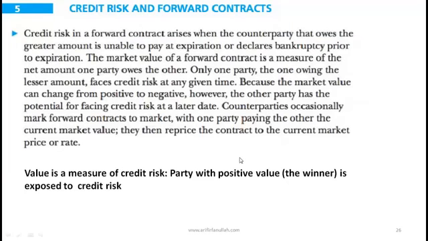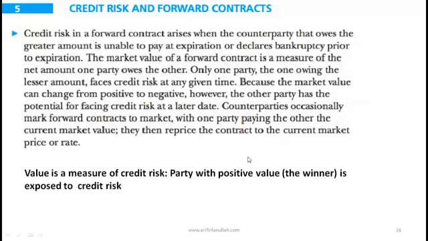When you get into a forward contract, do you think there is any credit risk? What does credit risk mean? Credit risk means that the counterparty might not fulfill its obligation. So let's say you are a bank and you have taken a long position on a forward rate agreement.